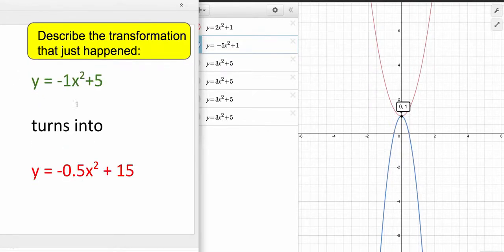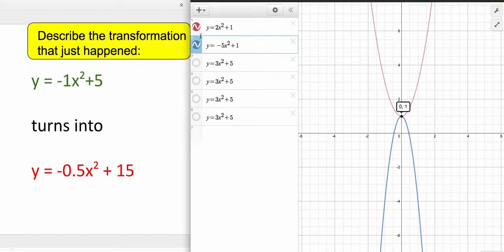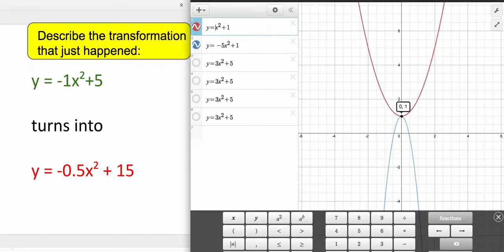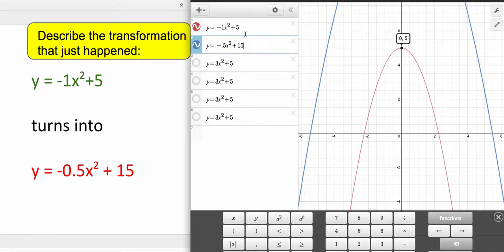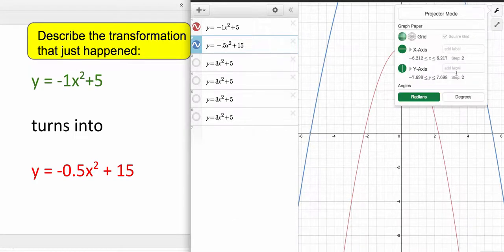If you look at this problem, you can see we have negative 1x squared plus 5 versus negative 0.5x squared plus 15. Now 15 is going to be off my graph here.